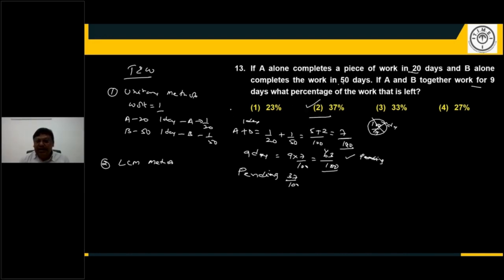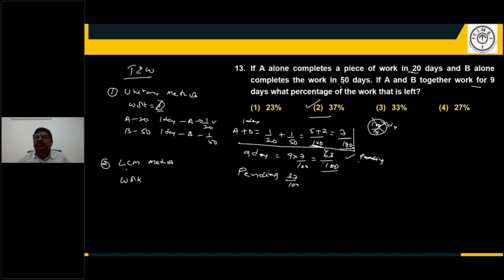This is the unitary method. Basically, this is how you find 1 day's work. How many days: 100 by 7 days, or for 9 days, how much you do. But the basic idea behind the second approach, students, is that anyhow you have to find the LCM later on. Instead of finding the LCM later on, find it initially itself. Instead of taking work as 1 unit, we take work as a number that is easy for calculation.